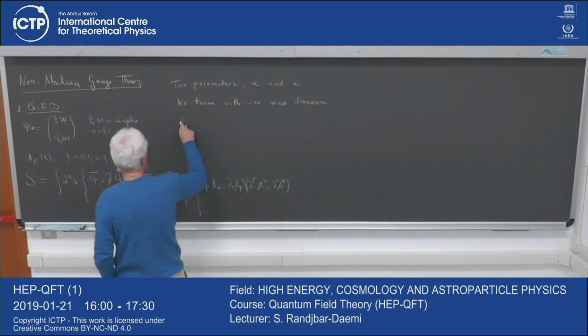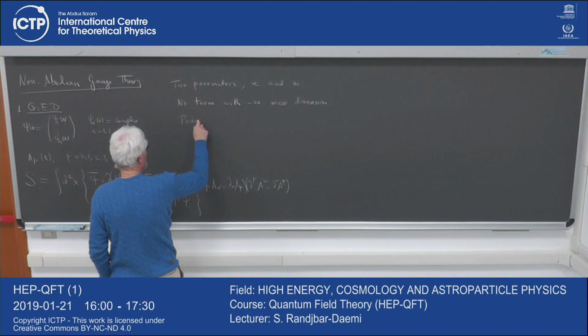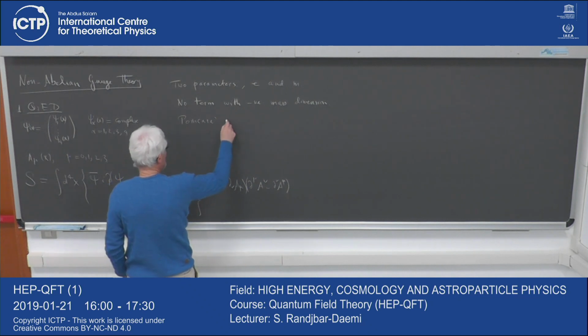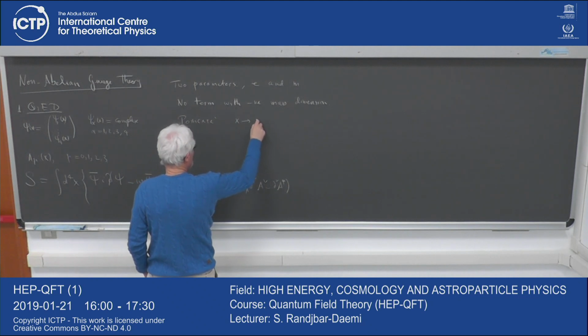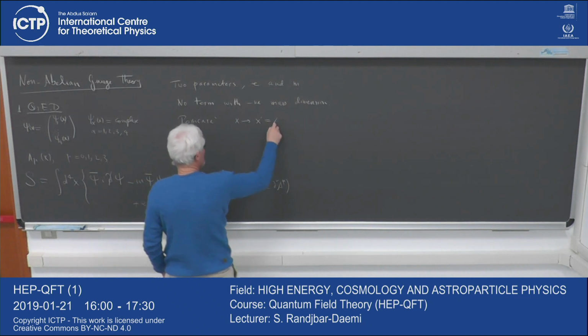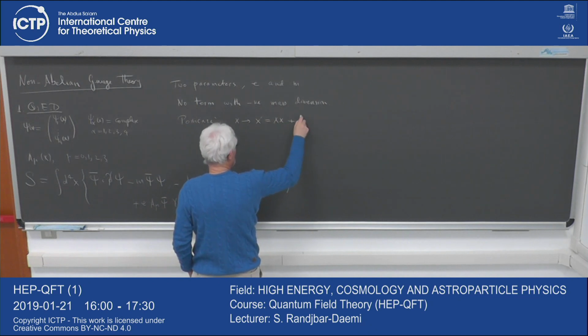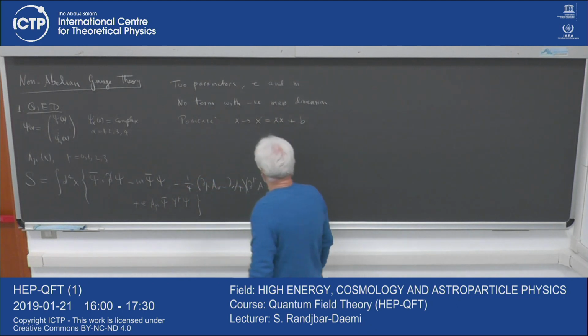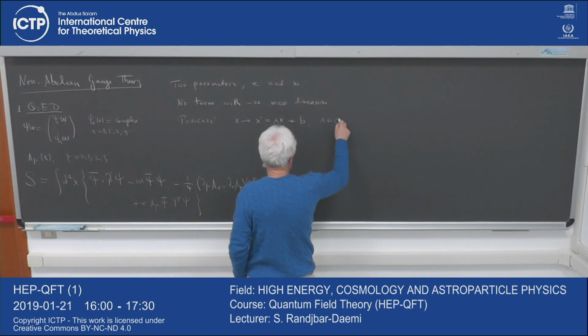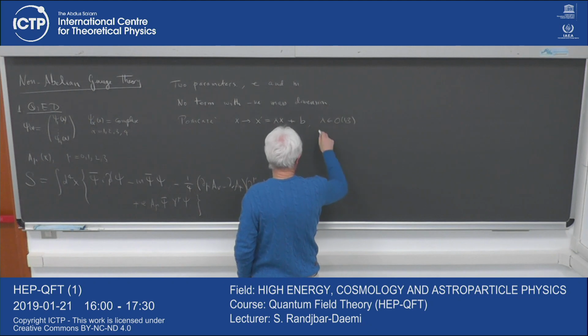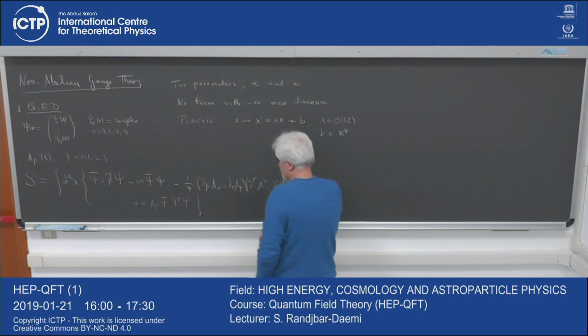So the general Poincare action is sense x to x prime, which is lambda x plus a vector p, where lambda is an element of O(1,3), and p is a 4-vector.